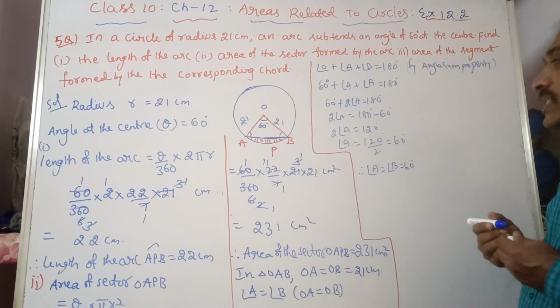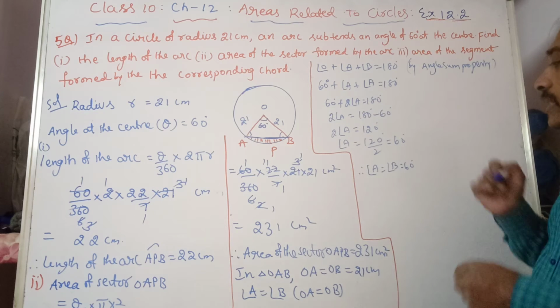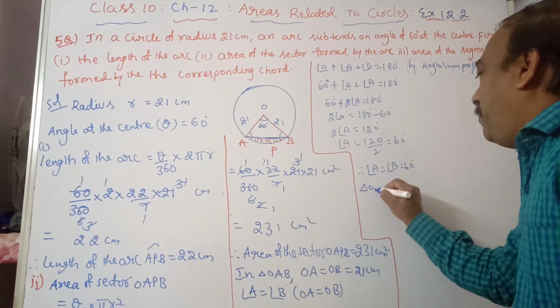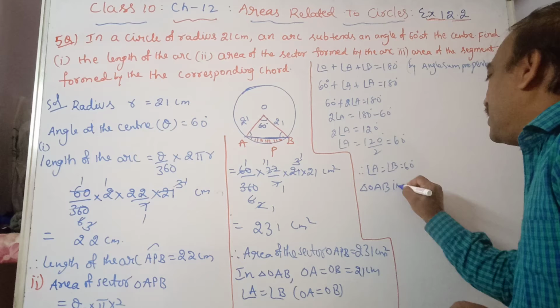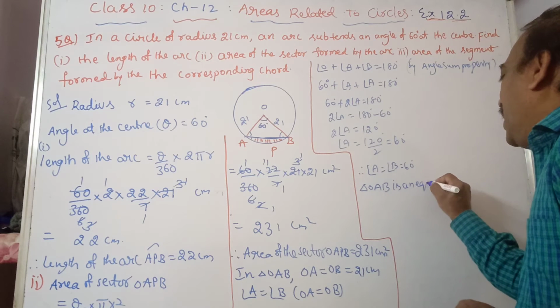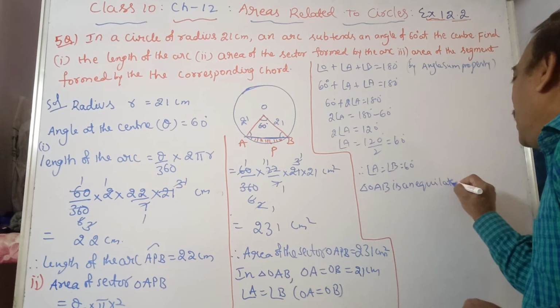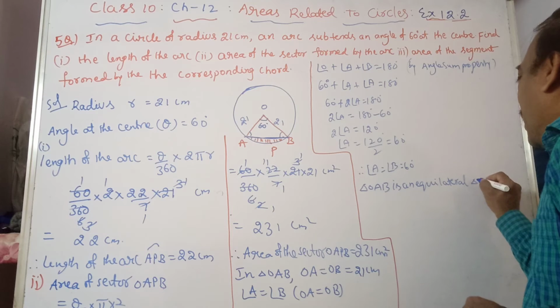That means, which type of triangle is this? Therefore triangle OAB is an equilateral triangle.